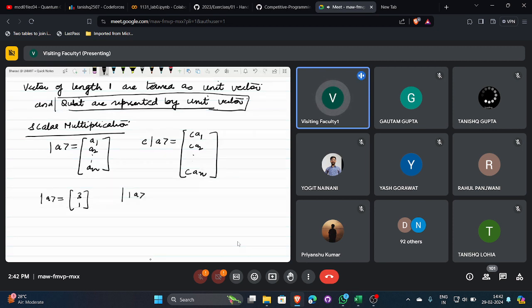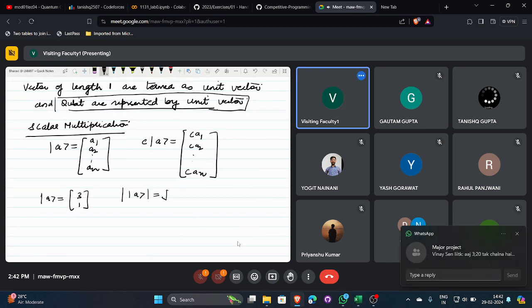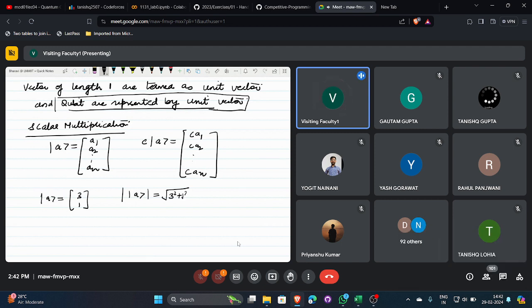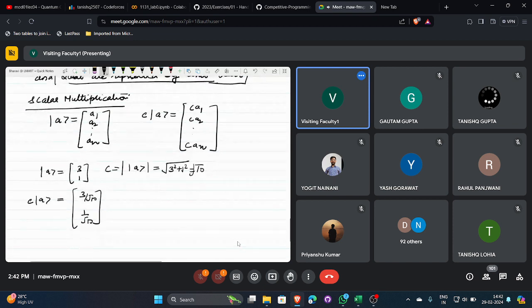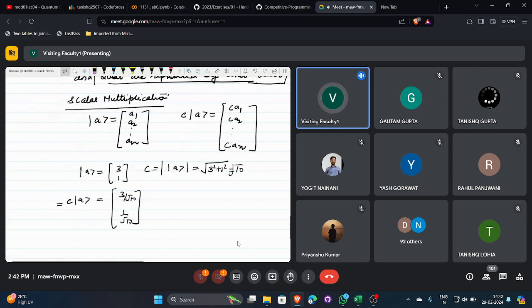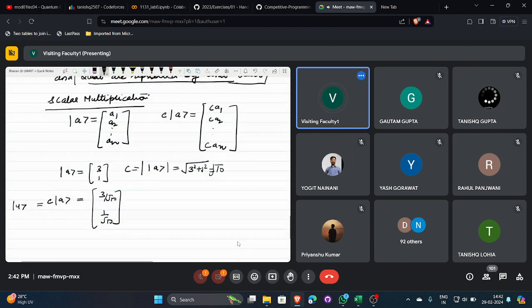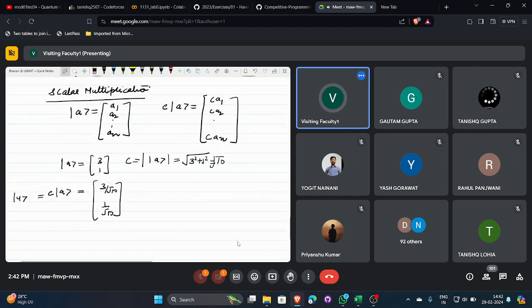The length of this vector is, let it be termed as C. Now I have performed 1 upon C. So what is it? It will be 3 upon root 10 plus 1 upon root 10. Let it be termed as, because definitely it will be a vector, I define it as ket vector U.